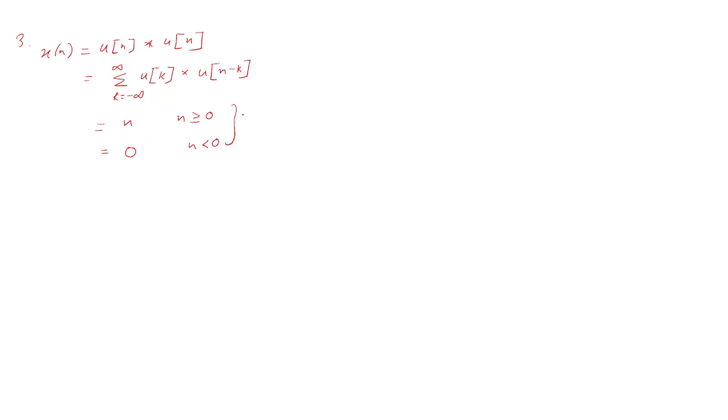This is called the ramp function. So we'll check its power, P of x: limit N tends to infinity of 1 over 2N plus 1, summation of, in place of x[n] we'll put n.